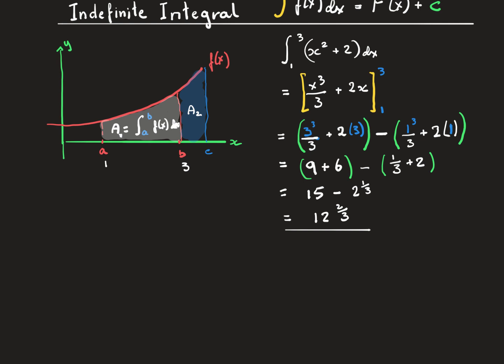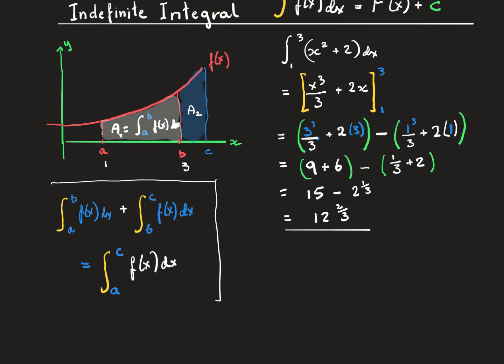Then it's very obvious, therefore, that the integral from a to b of f(x) dx, that same function, plus the next area, the second area, from b to c of that same function, f(x) dx, together should give me the same as the area from a to c of f(x) dx. So this should not be a surprise, this is one of the properties.